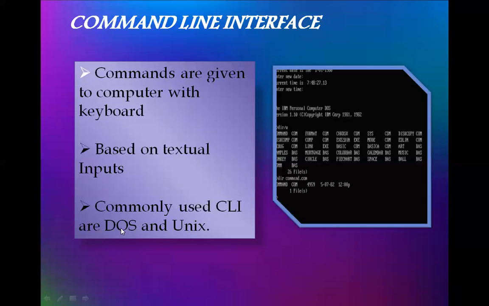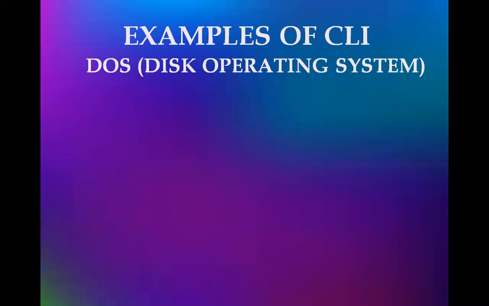The Disk Operating System and Unix operating system use this type of interface that is called command line interface. Command line interface is abbreviated as CLI. Examples of CLI, that is command line interface. The first example of CLI is DOS, Disk Operating System.